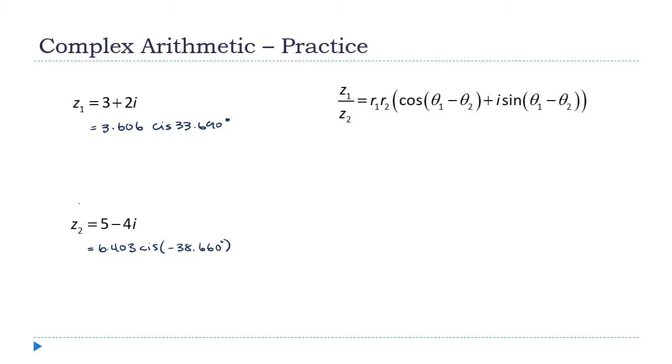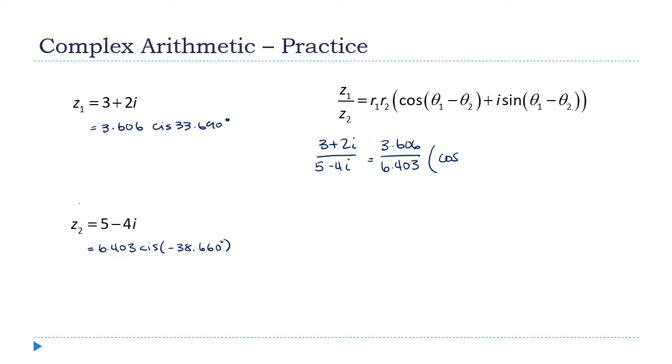Okay, so now we're going to use our formula. My formula says that 3 plus 2i divided by 5 minus 4i is 3.606 divided by 6.403, cosine, and I need the difference. Now you have to be careful. You do have to get these in the right order.